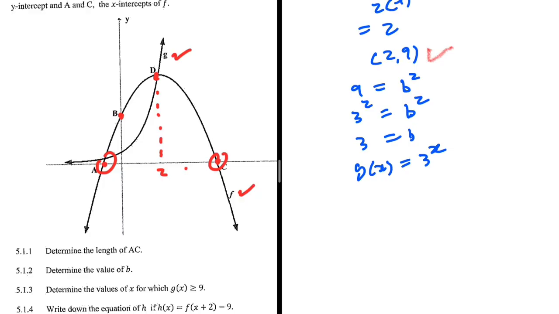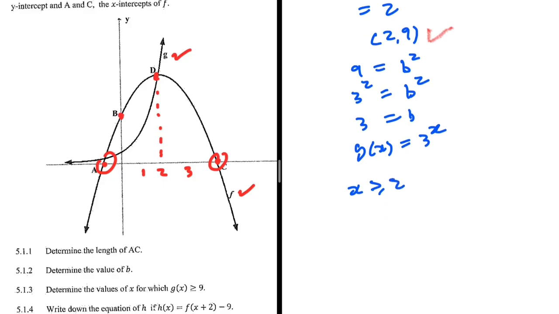And then when x is equal to 3, g of x will be equal to 27, 3 to the power 3. But when x is equal to 1, g of x will be equal to 3. So we can clearly see that g of x is greater than or equal to 9 when x is greater than or equal to 2. That is our solution.